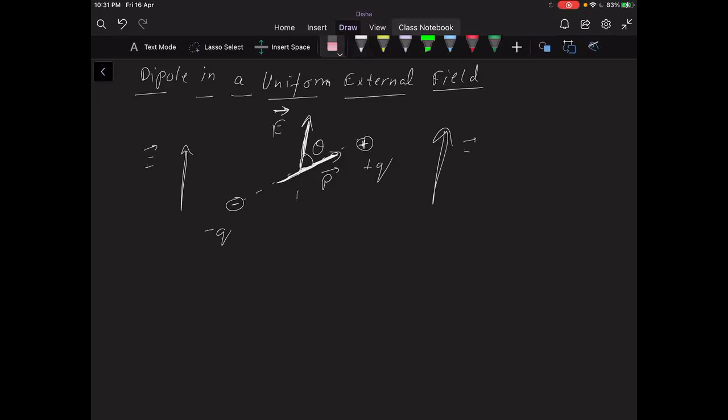Okay. So E upwards and E upwards, it's the same everywhere. Uniform means equal and having the same direction. So what will be the effect of this? What will be the direction of force and magnitude of force on the negative charge due to this field?